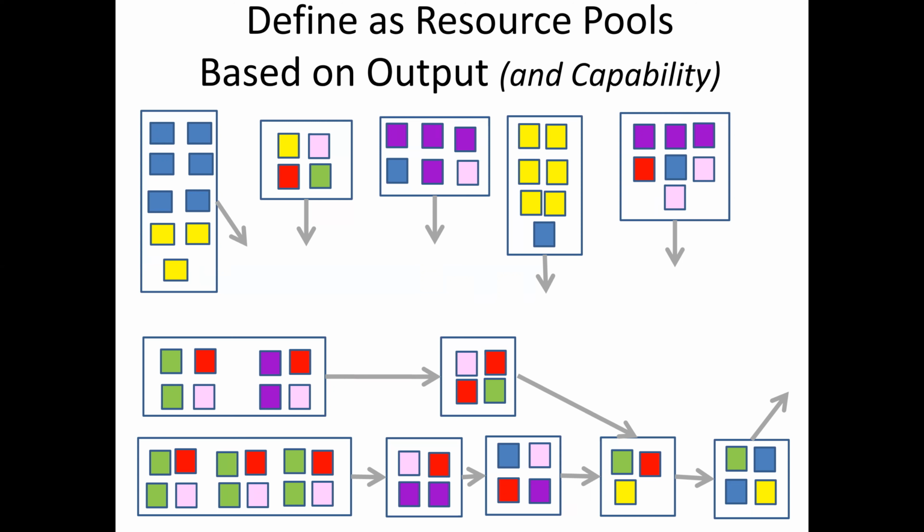Now, there could be more than one arrow out of many of those resource pools. That's not at all unusual. RCA has a variety of techniques and guidelines to support creating resource pools and deciding how discrete or broad they should be.